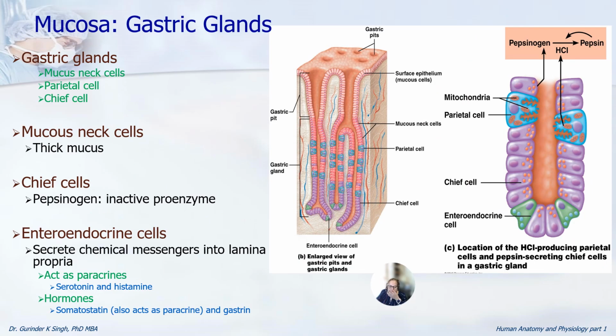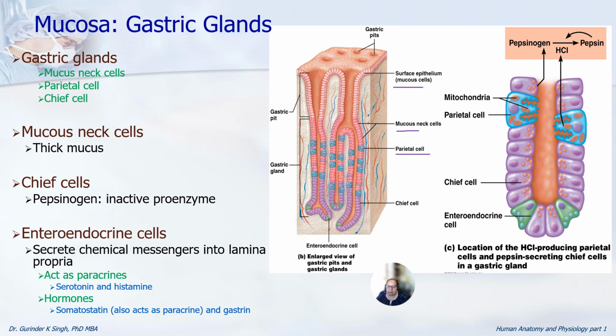Now let's go to the gastric glands. The surface epithelium mucosal cells are different. This is simple columnar epithelium, then cells with lots and lots of mucus secretory vesicles. These are mucous neck cells. These blue color cells are the parietal cells.